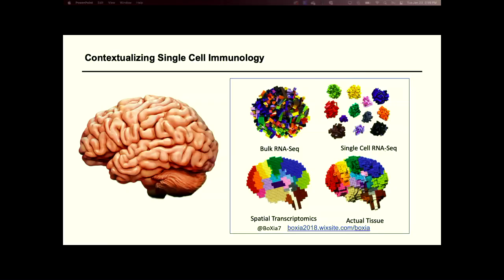This is really hot with like the 10x Visium platform. And then there's also, my group does a lot of spatial proteomics work using the Codex platform from Akoya Biosciences. And then if we assemble all of the layers of the Lego, we get a representation of our actual tissue.